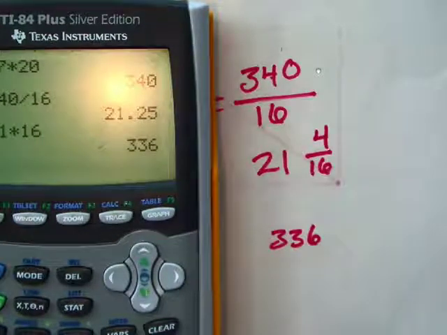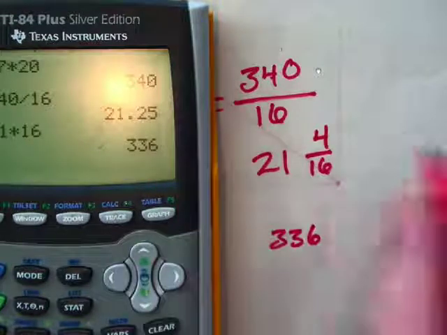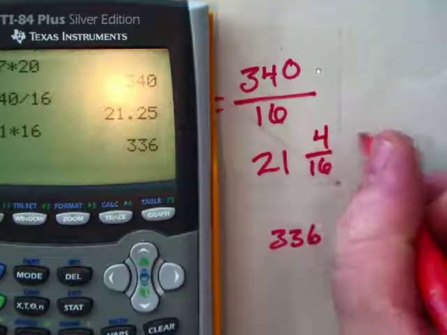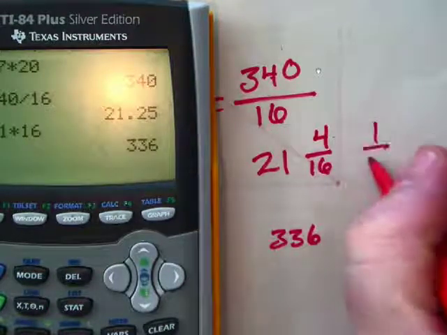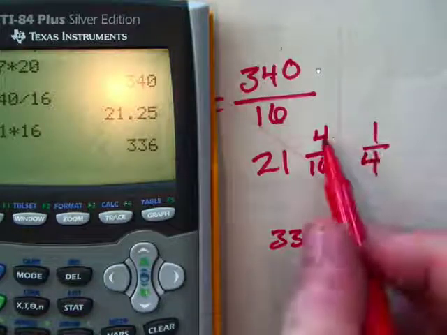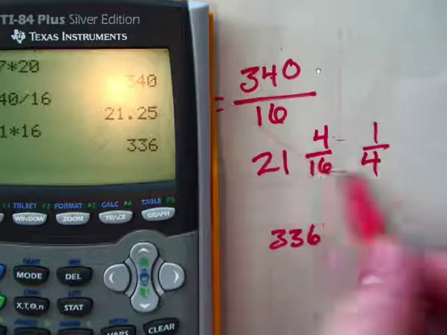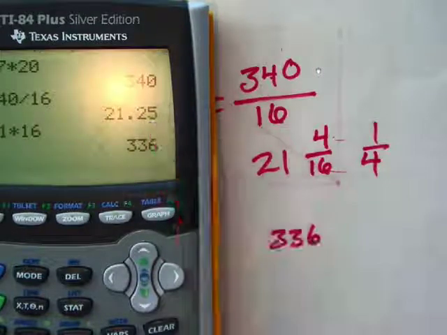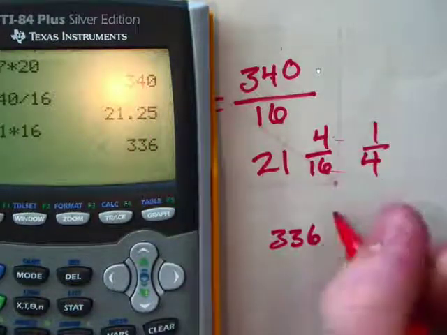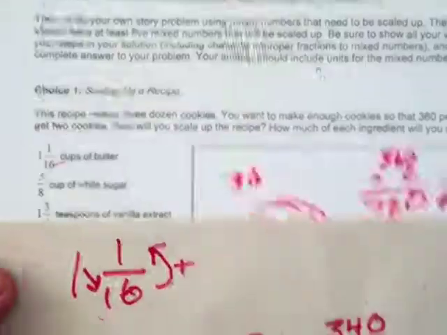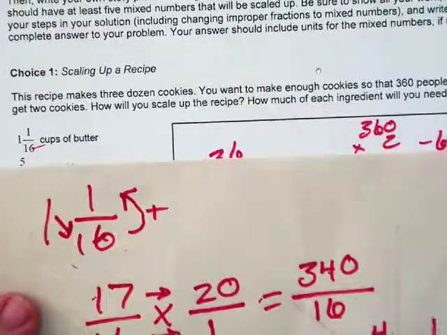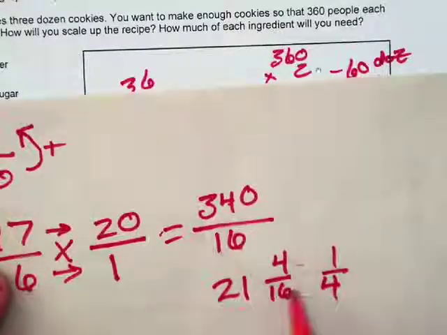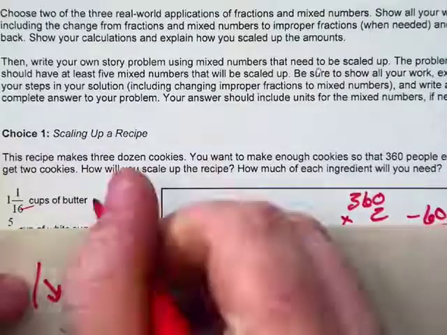But you also notice here that 0.25, well, that's the same thing. Isn't that simplified down to 1/4? 4 goes into 4 one time, 4 goes into 16 4 times, and .25 is 1/4. So if we go back up to the problem, we now know we need 21 1/4 cups of butter.